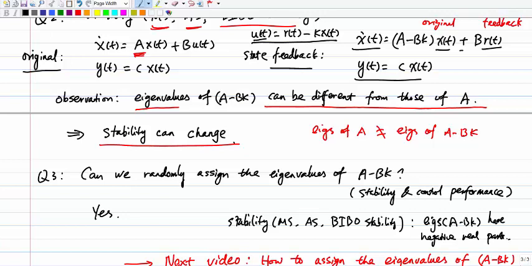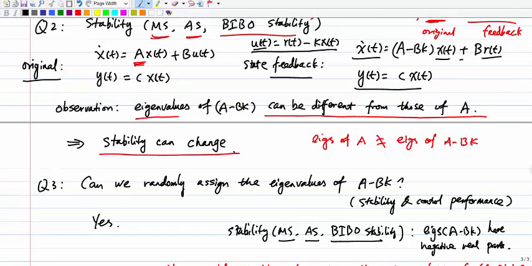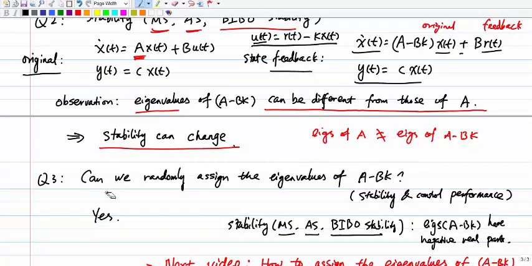My goal is to make sure the eigenvalues have negative real parts, because that can guarantee the stability. Can we arbitrarily assign the eigenvalues of A minus BK? If that's possible, we can assign them to have negative real parts, which is great. The answer is yes, with some conditions.